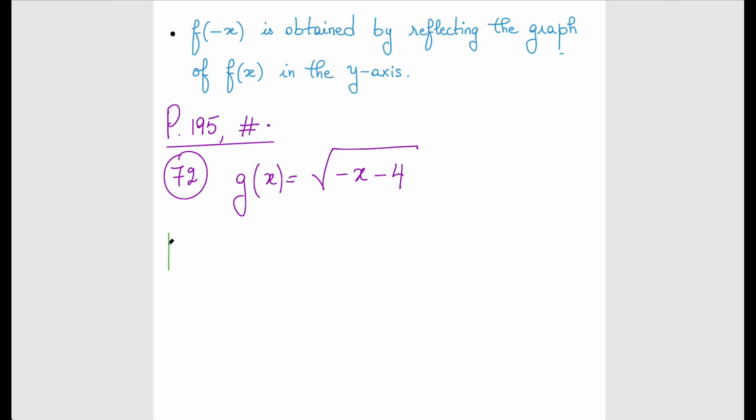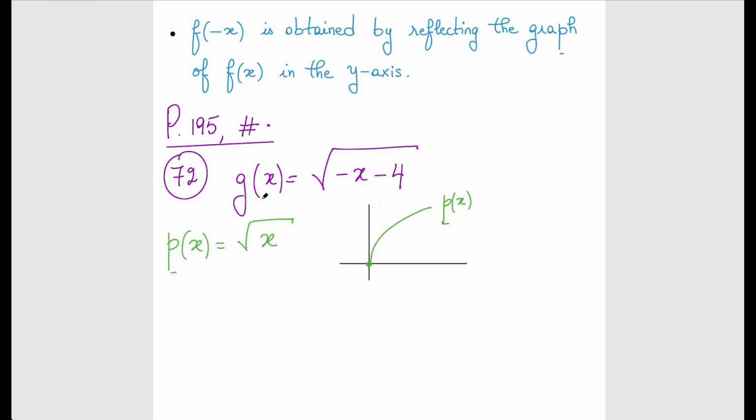So we're going to start from p of x, the parent function, which is square root of x. We know how to graph this. That's simply this graph, right? So that's the p of x.